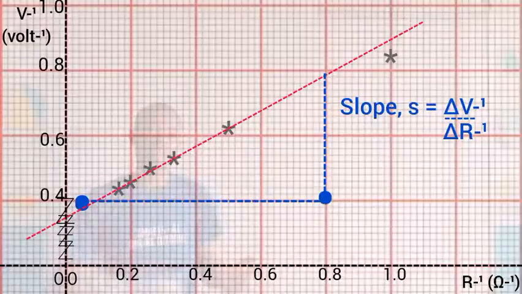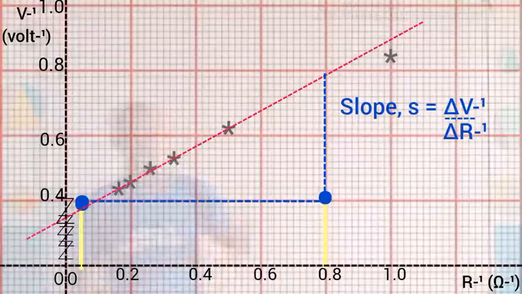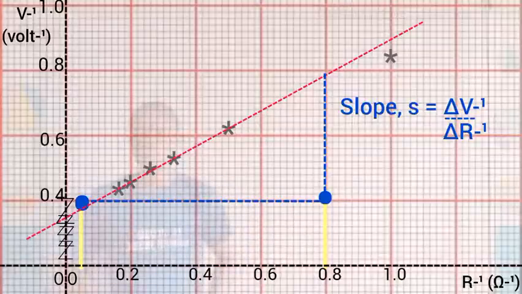If you take those 2 points and trace it to the horizontal axis, the 1 over resistance axis, you are going to get the initial point to be 0.04. And then the end point of the horizontal line of the slope, you have that value to be 0.8.